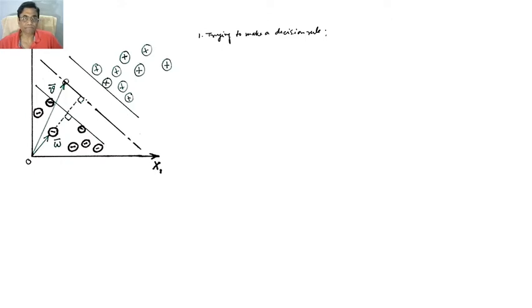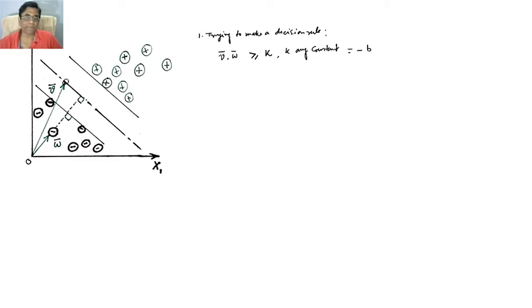So what I am trying to do is take the arbitrary vector's projection on this direction, and I am making a decision rule, say k is an arbitrary constant, equal to, I am putting the value, minus b.